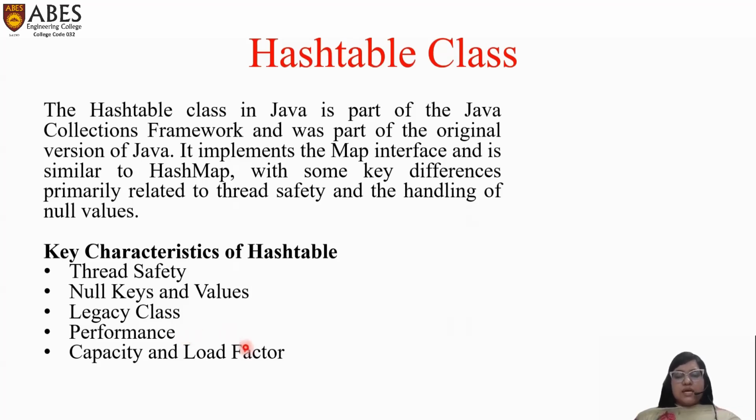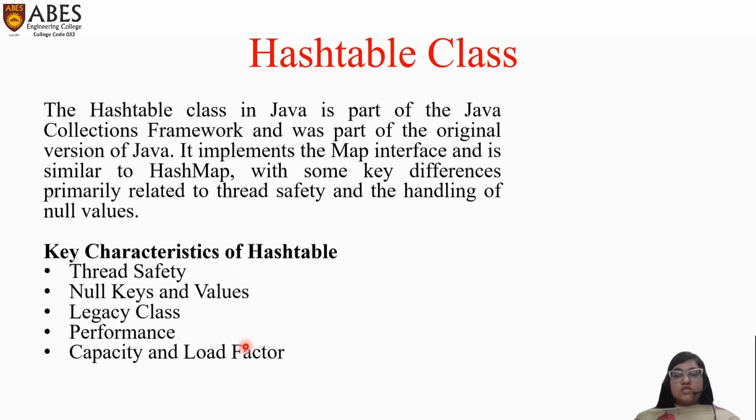We have capacity and load factor. The capacity and load factor determine when the Hashtable will be rehashed. Rehashed means that it is resized. Rehashing occurs when the number of entries exceeds the product of the current capacity and load factor.